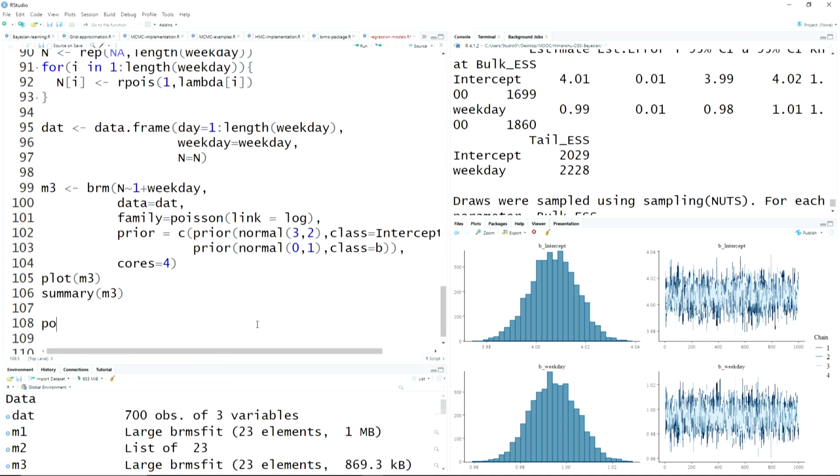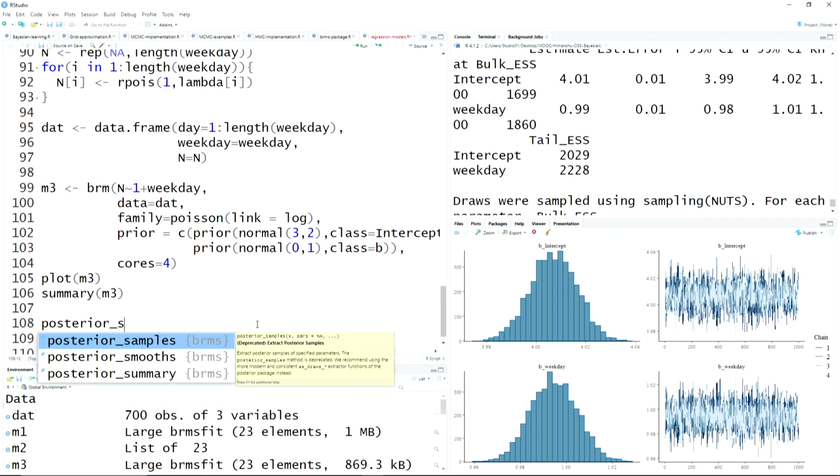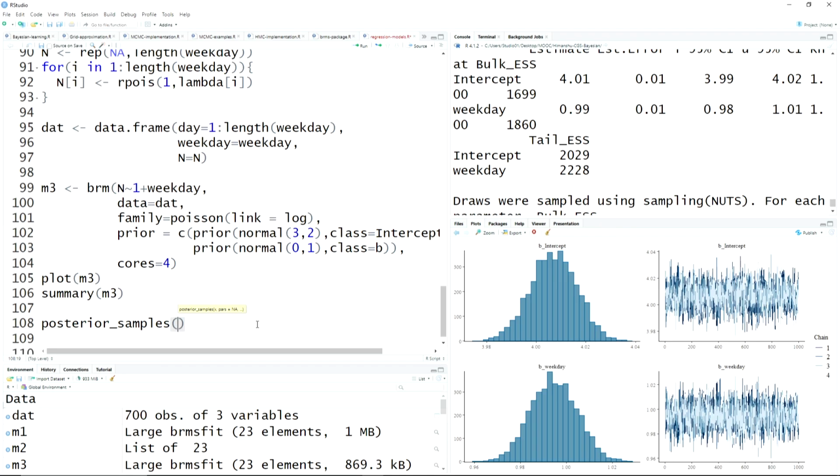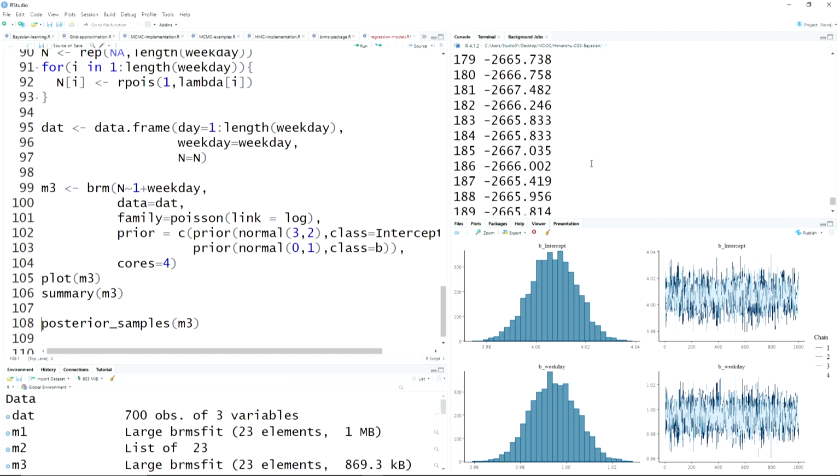Basically, you can get posterior samples. For your model M3, you can retrieve posterior samples. And which posterior samples are you interested in?